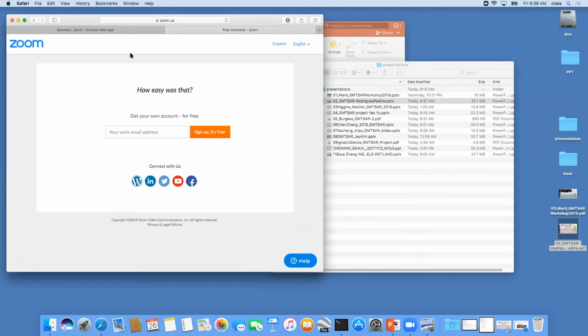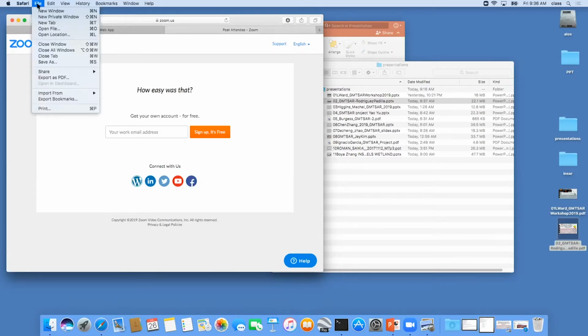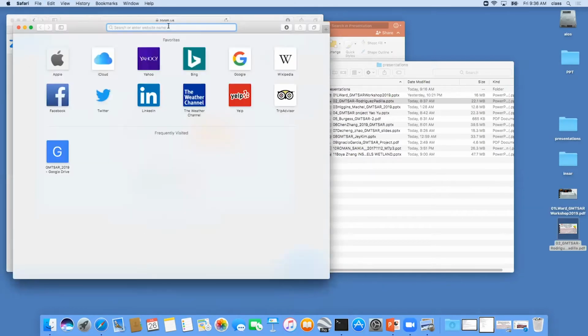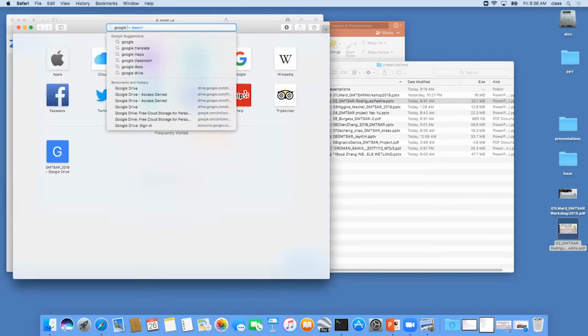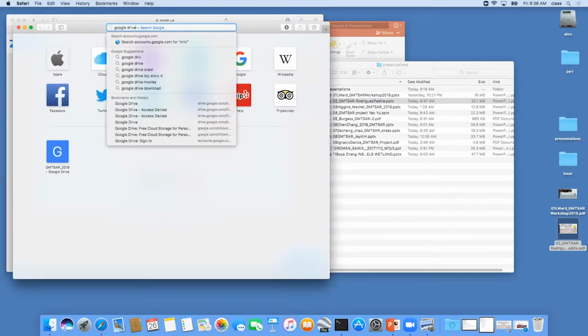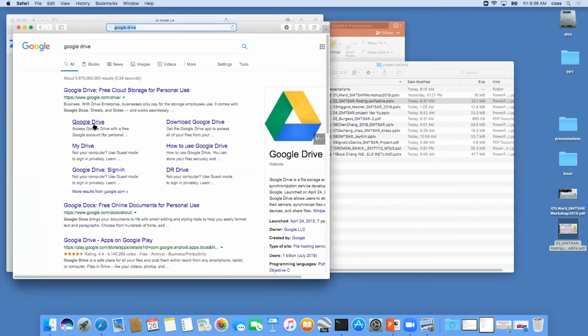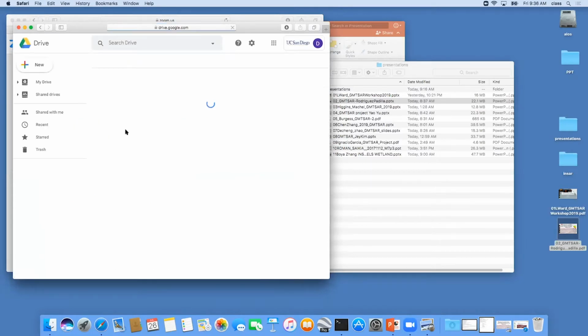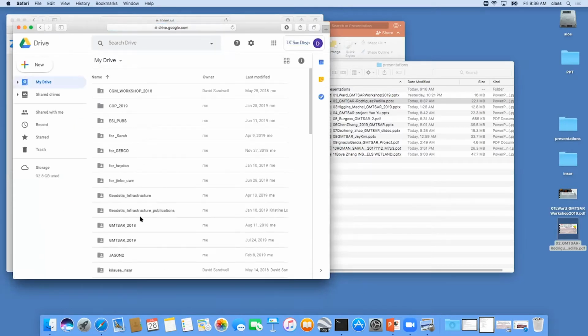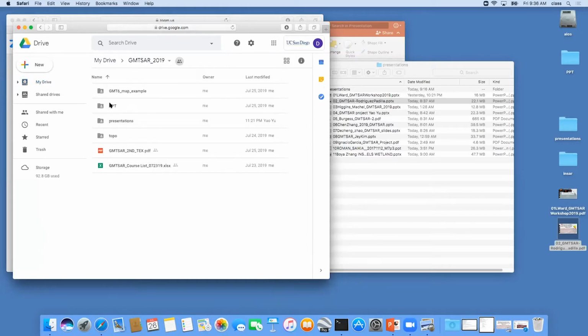So we're ready? GMT stars. How do I get to File, New Window, Google Drive, and then My Drive, plus 19, invitations.